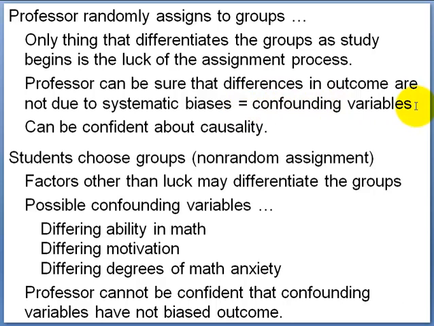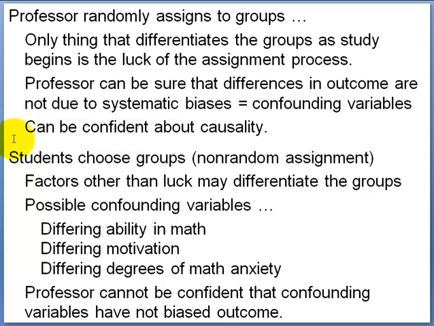With random assignment, the assignment to groups is simply based on luck. It's the luck of the draw, and in studies that use random assignment, the professor can be confident about causality. So basically, if the professor sees a substantial difference in performance between the two groups, the professor knows that that difference is due to the intervention.